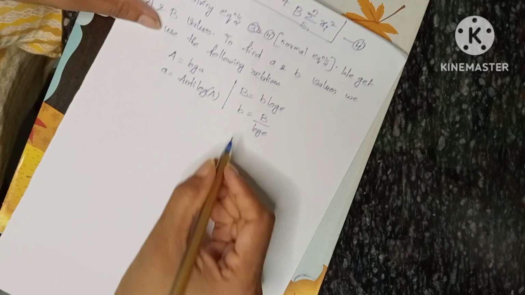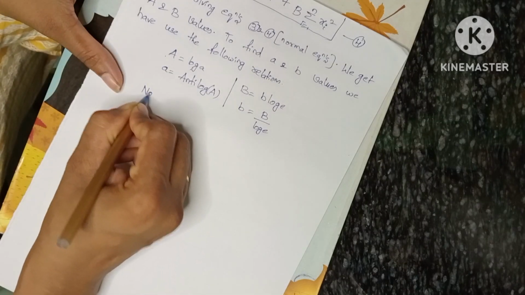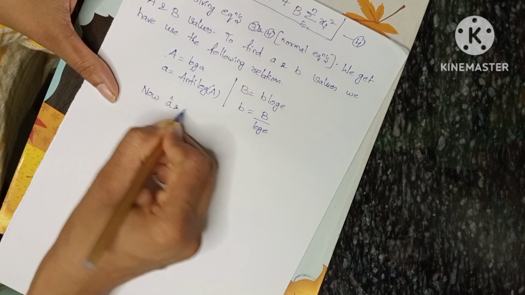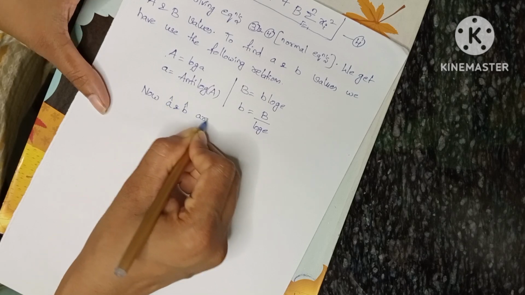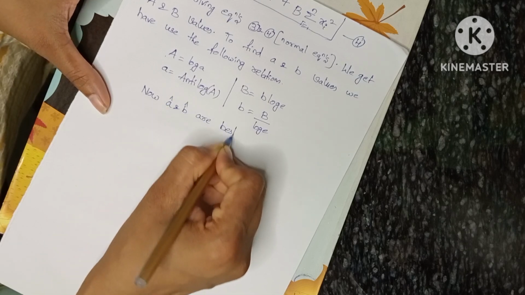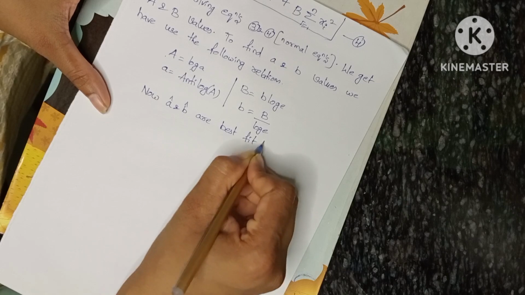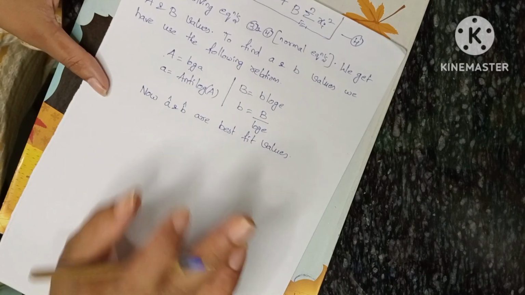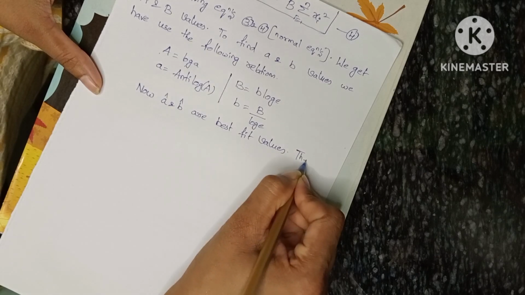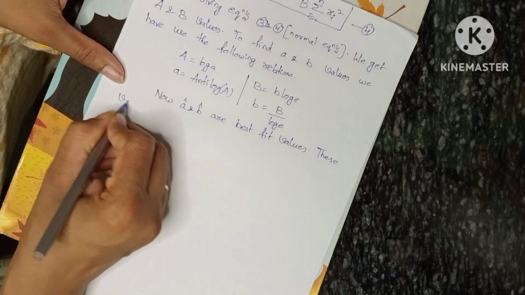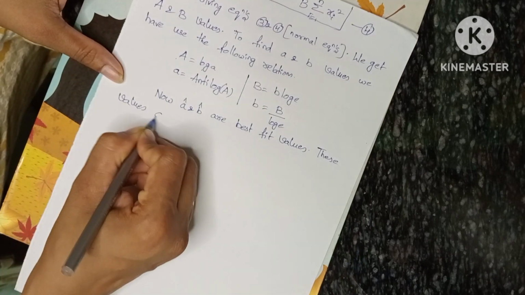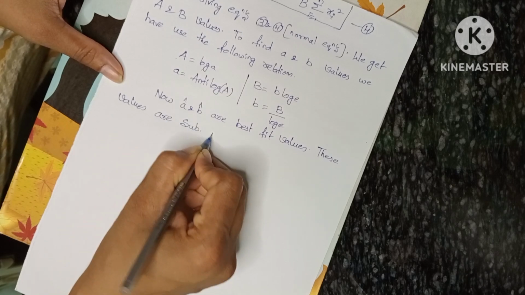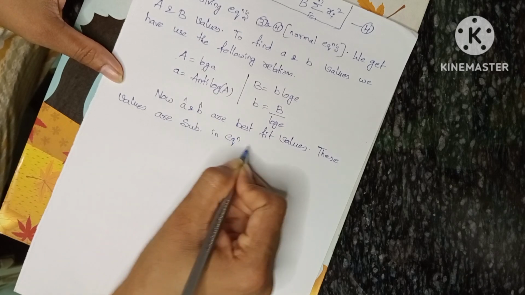Okay, so now A cap and B cap are best fit values. Okay, we call them as best fit values. These values are substituted in equation 1.